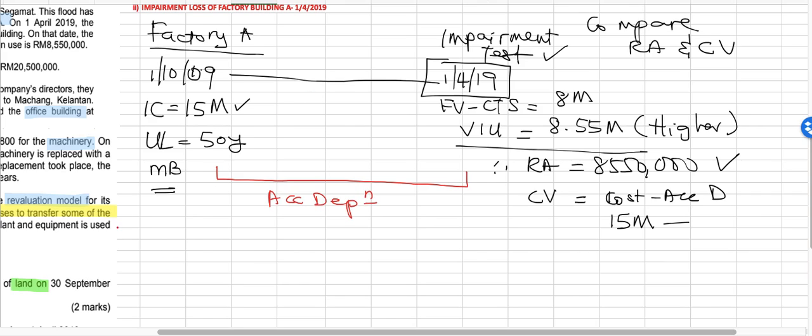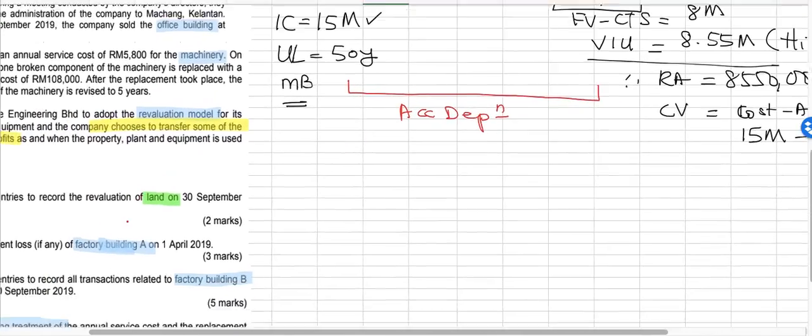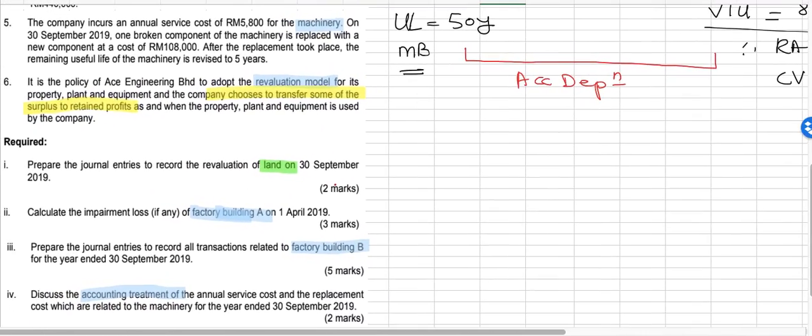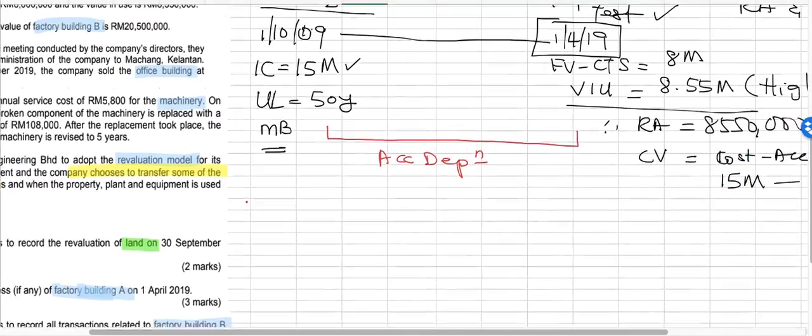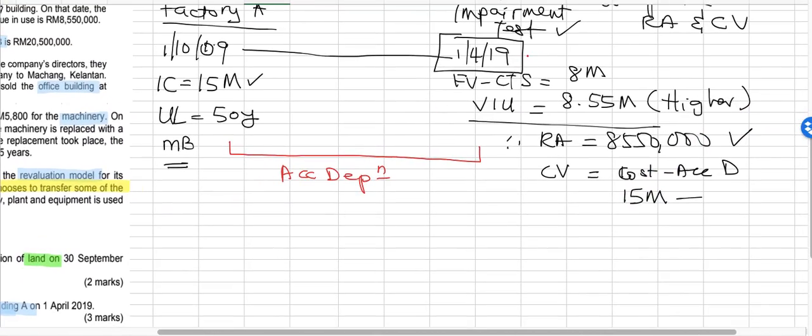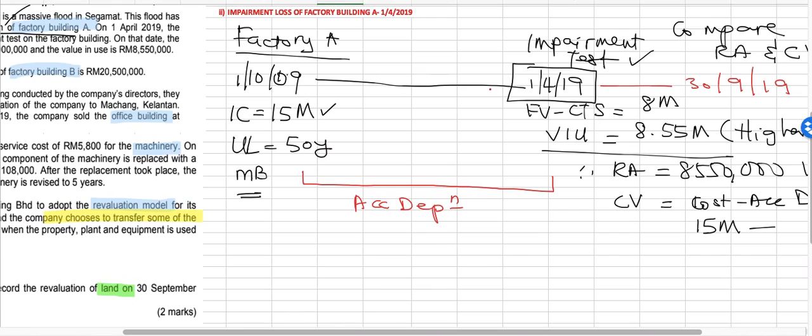Okay, we know that the company closed its account on 30th September. So this year we close on 30th September 19. Now we want to identify here. Before 19 of course is 30th September 18.